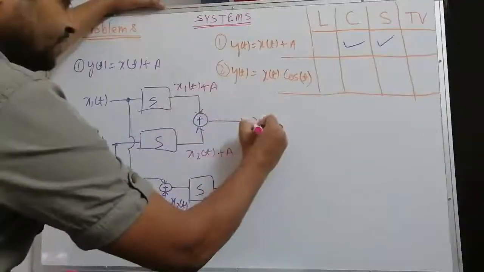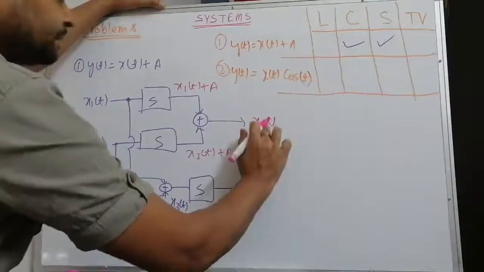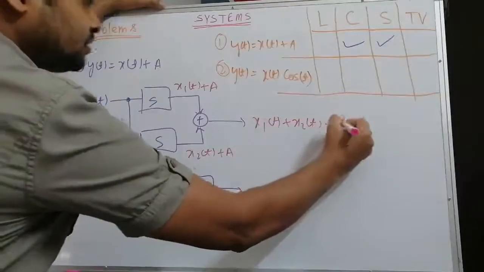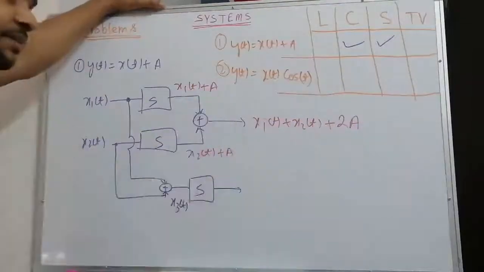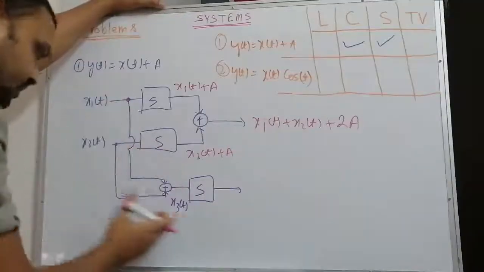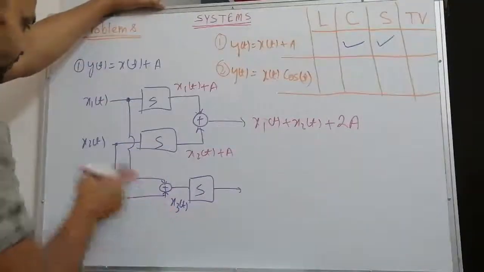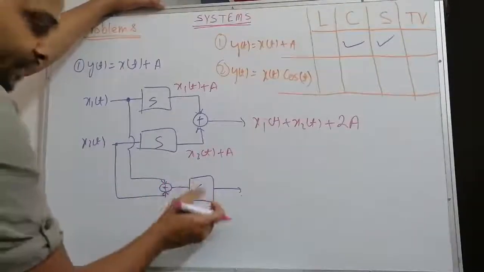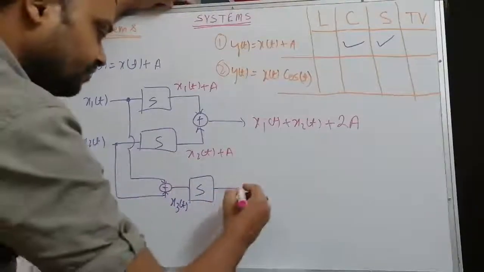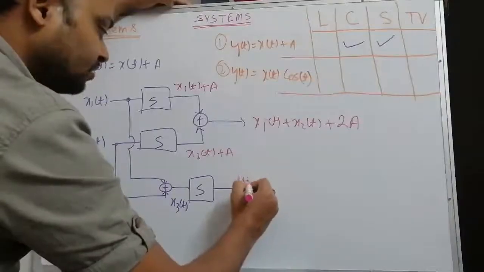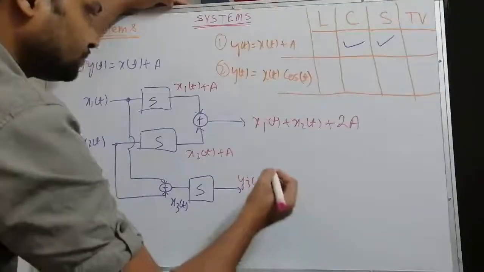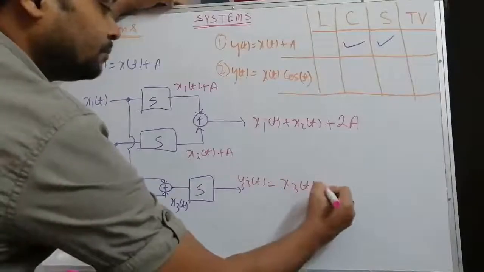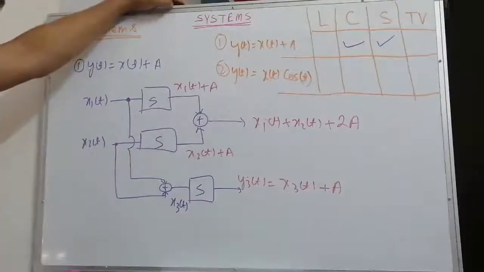If we add them, we get x1 of t plus x2 of t plus 2 times a. Now let us check the other one. x3 of t is x1 of t plus x2 of t. This is the addition, and we provide it to the system. The system will give the output y3 of t, which is equal to x3 of t plus a.